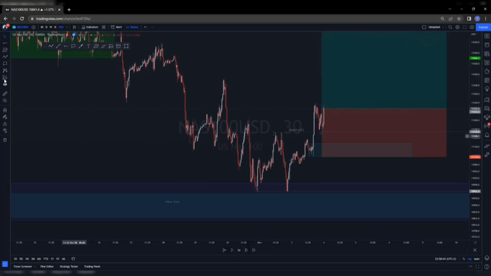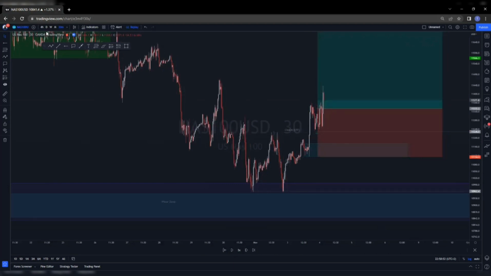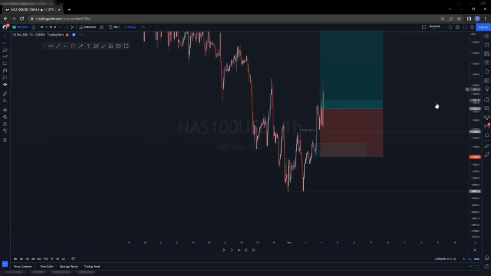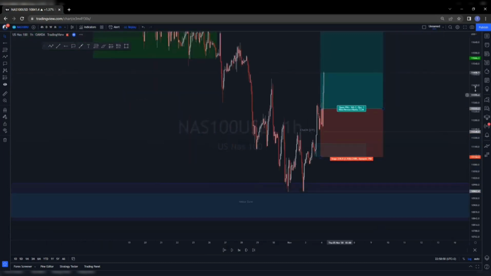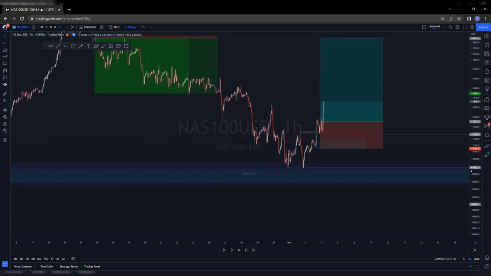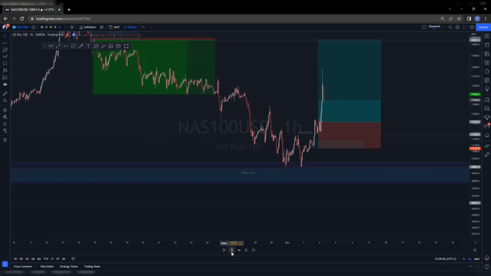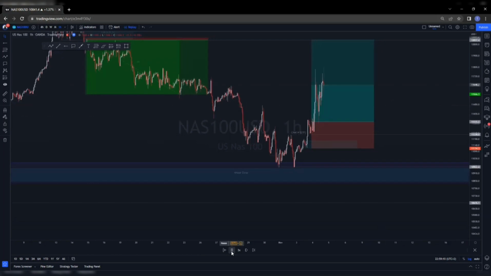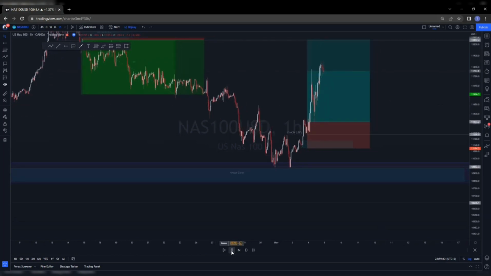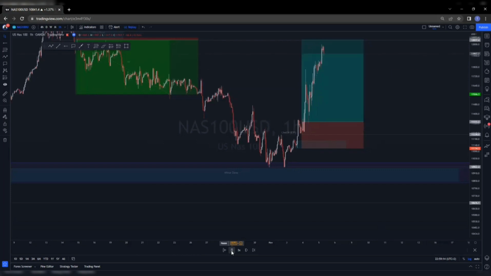So we're now in profit. Like I said, Nasdaq has its own unique way of behaving, which is not necessarily identical, or it's not like how I'm used to trading with currencies.